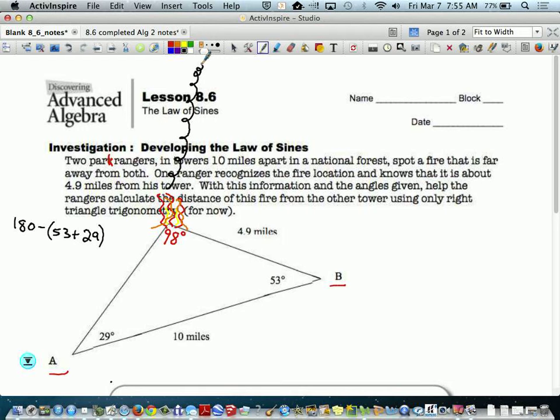So what they're saying is one ranger recognized that the fire is at a point that's 4.9 miles from his particular tower. With this information and the angles given, help the rangers calculate the distance from the fire and the other tower using only right triangle trig. Well, we can't.